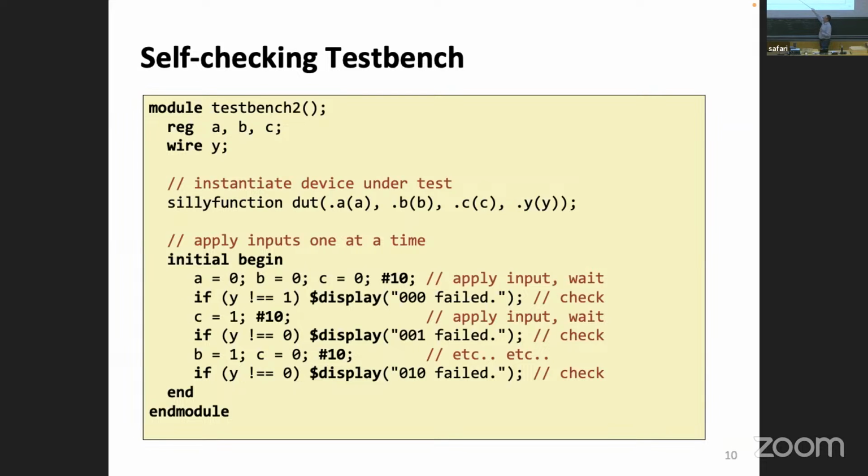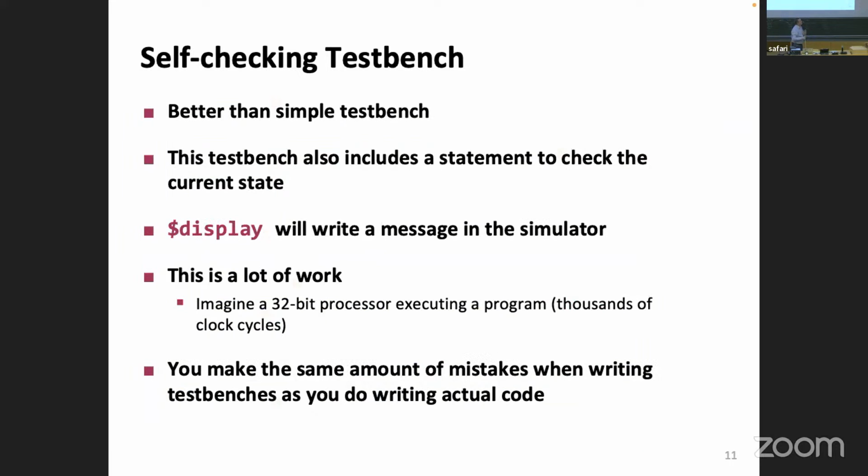And then I run the next one, and I know that the output should have been 0. And if it's not the case, write this. Now, this is slightly better. Answers your question, right? So instead of me checking this thing, I am doing it. So it includes a statement to check the current state.